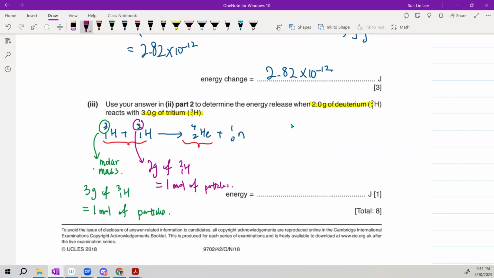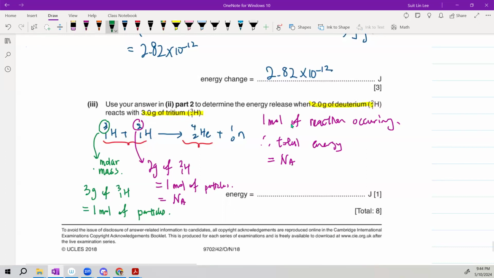6.02 times 10 to the power 23. Okay. So this means because I got 3 grams of tritium and 2 grams of deuterium, this shows me that there is 1 mole of reaction occurring. So hence, the total energy will be equal to the Avogadro constant, the number of particles for 1 mole, which is Na, multiplied by your 2.82 times 10 to the power negative 12.